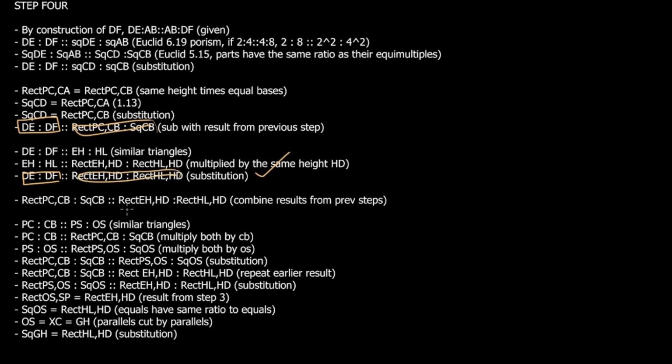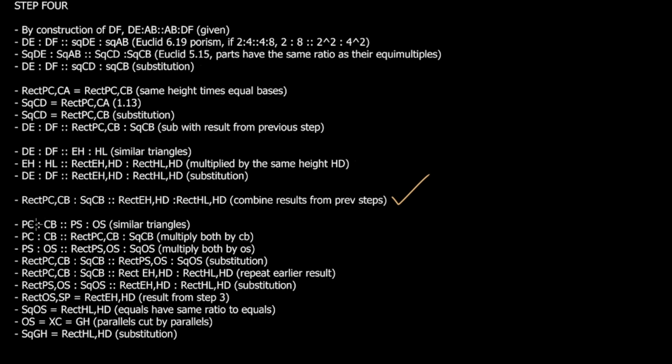So this is just substitution, because the unsaid step is that as DE is to DF, DE is to DF. That's insane, right? Okay, so we substitute on both sides.